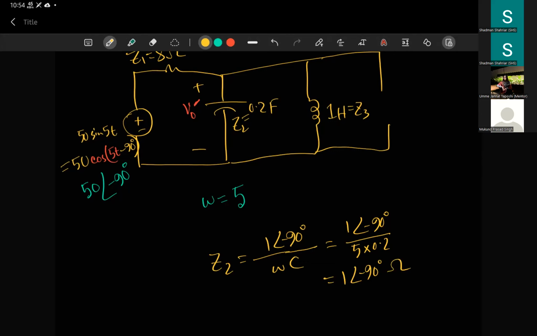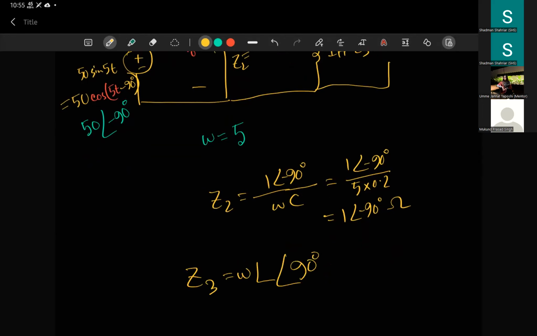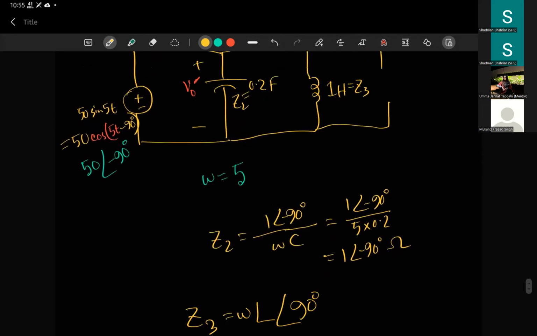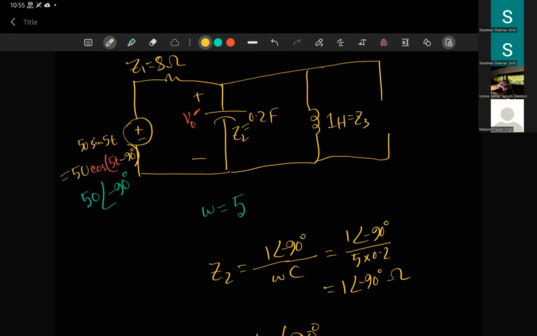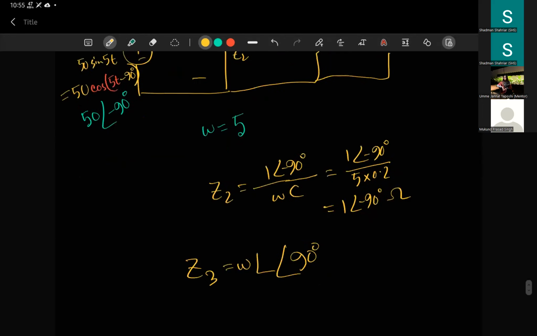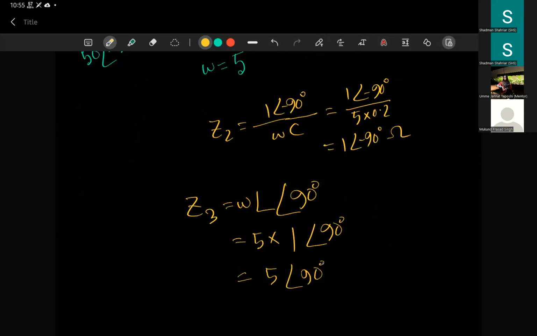And for Z3, the formula is omega L angle 90 degree. The omega value is 5, L's value is 1 Henry. So we have 5 times 1 angle 90 degree, so 5 angle 90 degree ohms. This is your Z3.